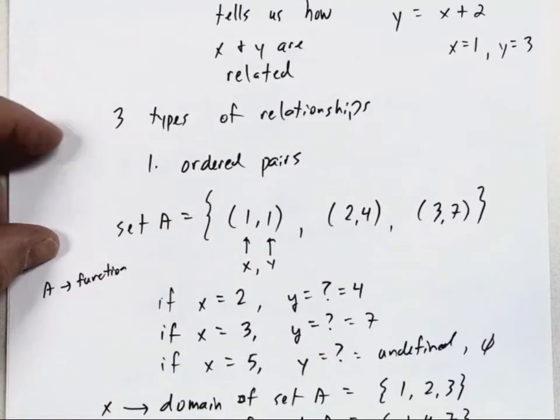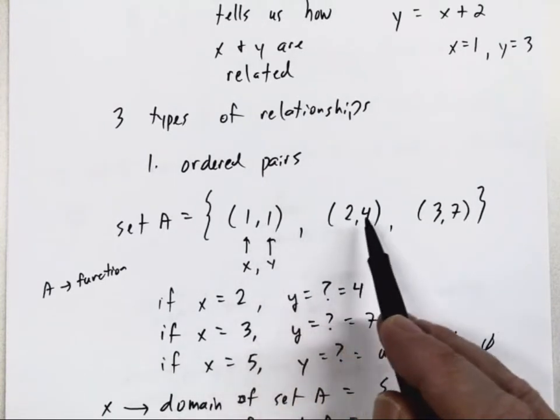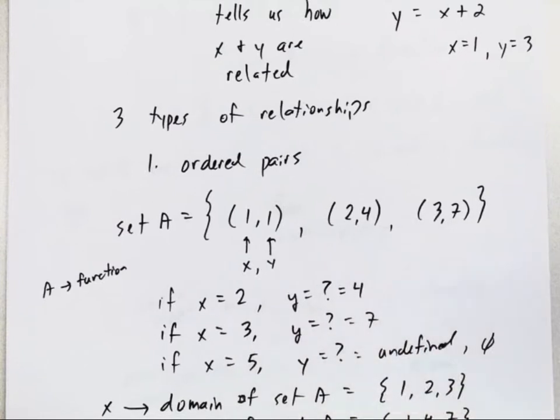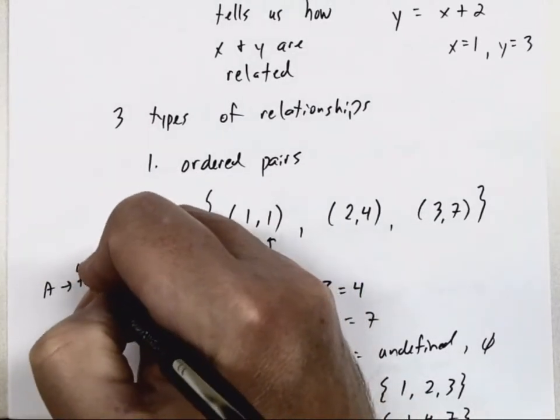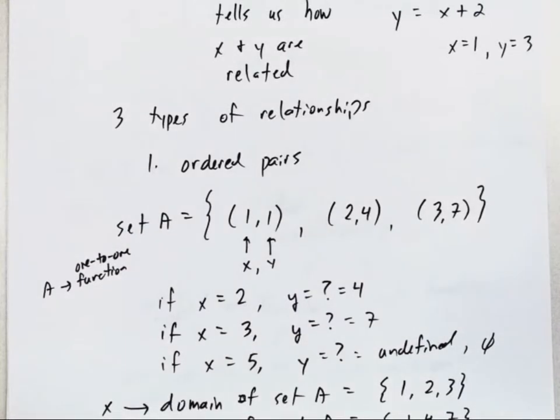But then I say, okay, it's a function. Is it a one-to-one function? Now I look at the y's: 1, 4, 7. The y's do not repeat, so actually we can say A is a one-to-one function.